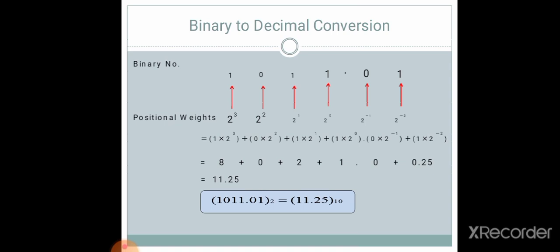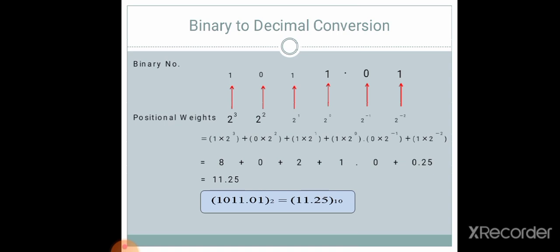So you can see 1 into 2 raised to 3 plus 0 into 2 raised to 2 plus 1 into 2 raised to 1 plus 1 into 2 raised to 0, the fractional point as it is, 0 into 2 raised to minus 1 plus 1 into 2 raised to minus 2. With the help of a calculator you can do this multiplication and addition.